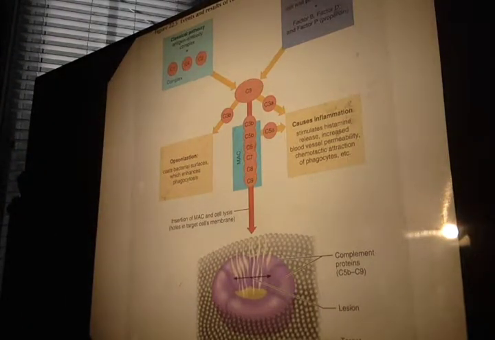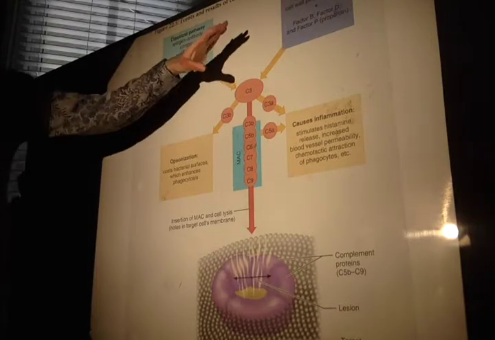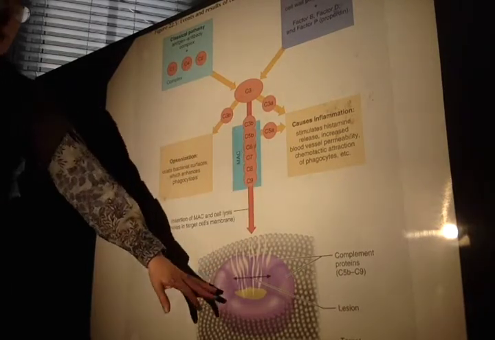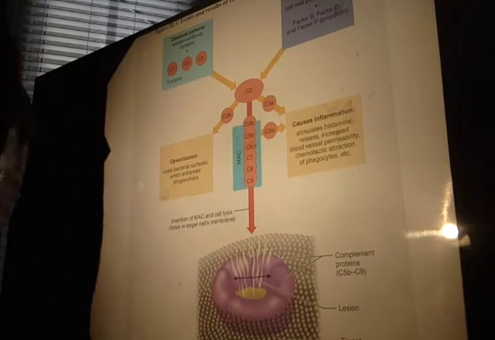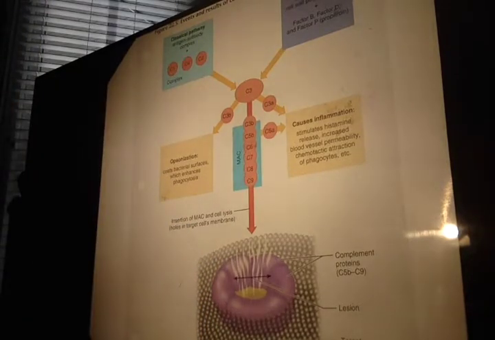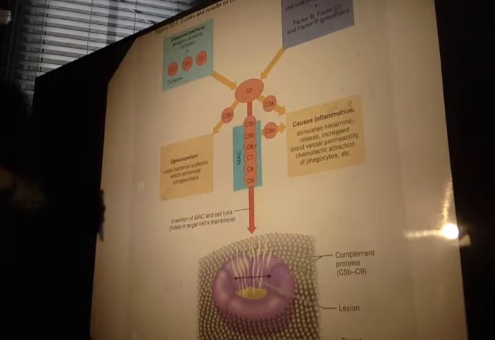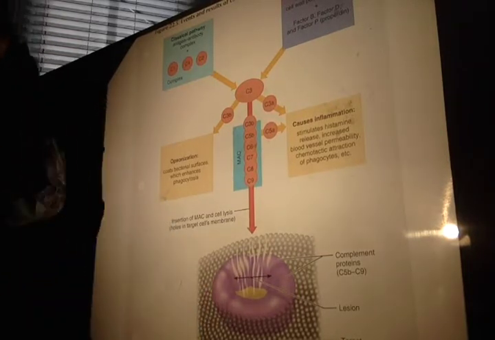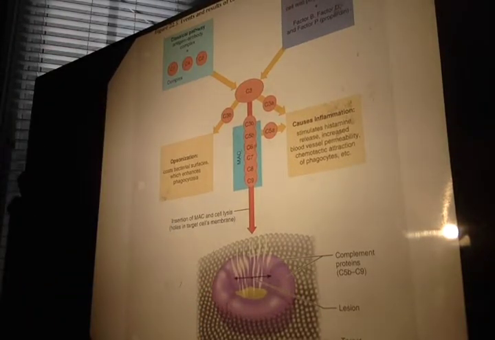Another thing that the complement protein can do is punch holes in the invader. And when you punch holes in an invader, their guts leak out and they die. In other words, they can accomplish cell lysis.